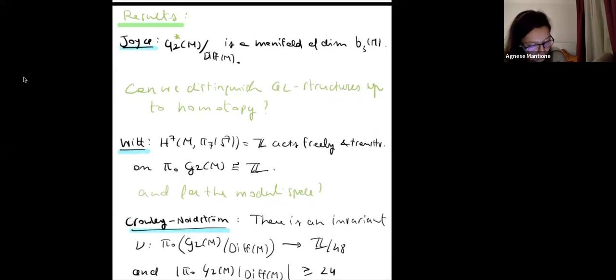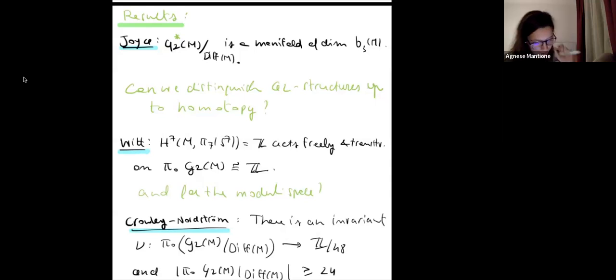The first one is by Joyce. What Joyce was able to prove was that the moduli space, where here we take the component of diffeomorphisms, so the diffeomorphisms in the component of the identity, was proven to be a non-singular manifold of dimension given by the rank of the third cohomology.